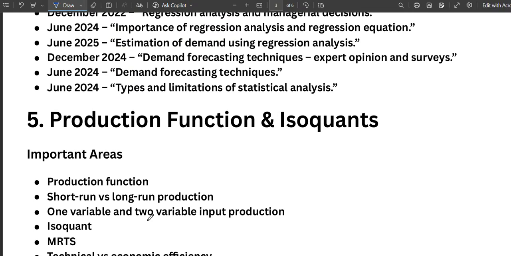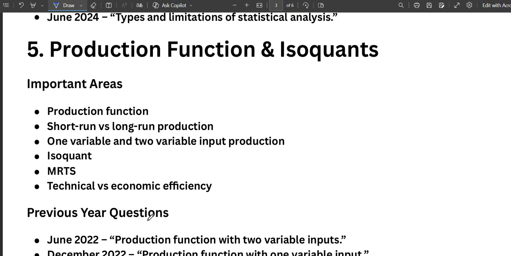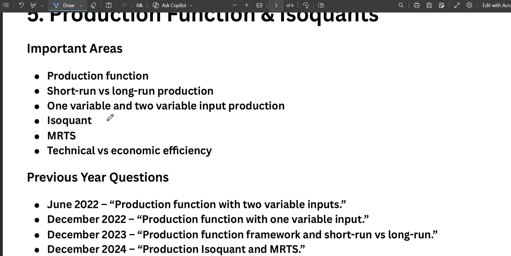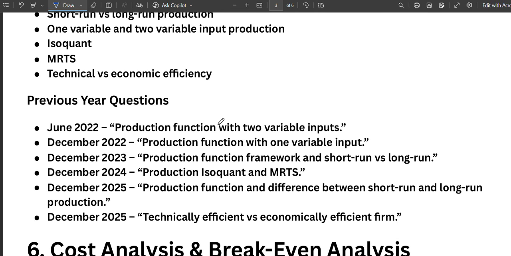The next topic is production function and isoquants. Now coming to another high weightage area, production function and isoquants. Very important topics include production function, isoquants, MRTS, short run and long run production, and technical versus economic efficiency.